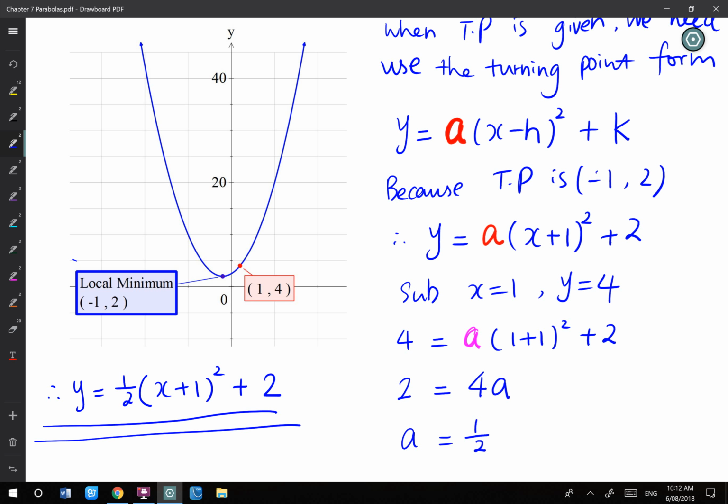When you finish this one, go back to the previous page and try to sketch graphs A, B, and C. Those three are really easy ones, but remember, at least label 2 points on your graph. For any graph, you need to label at least 2 points. If you have an x-intercept, y-intercept, turning point, you must label them.